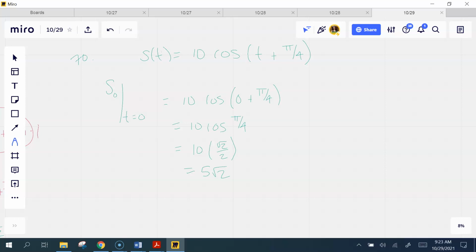Okay, let's think about it. We're talking about position, so we want the biggest positive number and the smallest negative number. But then it's times 10.